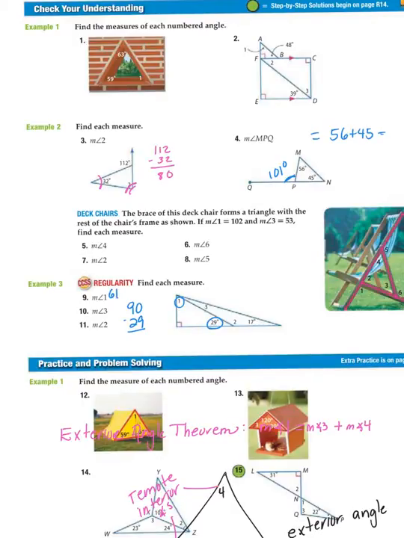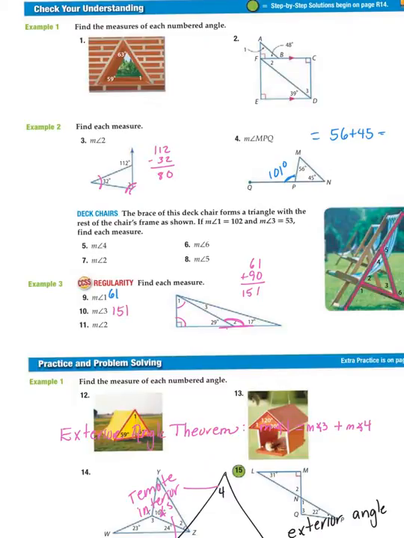Okay, now look at what I've got. Angle 2 out here is the extension of a side. Let me clean that up a little bit and change colors. Angle 2 is the extension of a side, so angle 2 is going to be equal to angle 1 plus 90. So 61 plus 90, I'm going to get 151 degrees for angle 2.